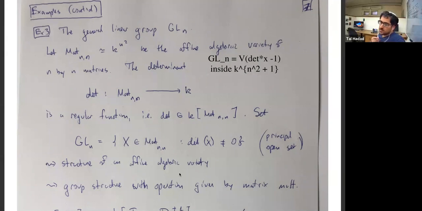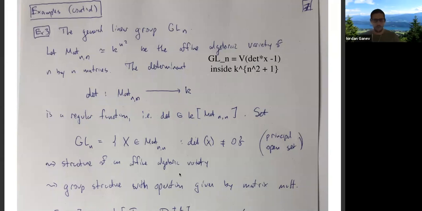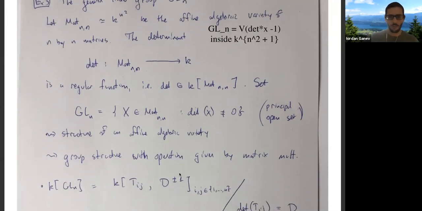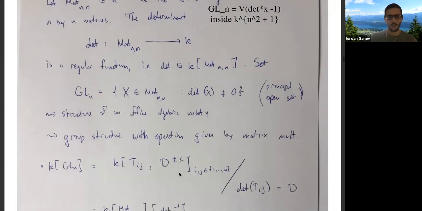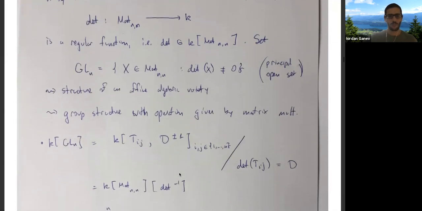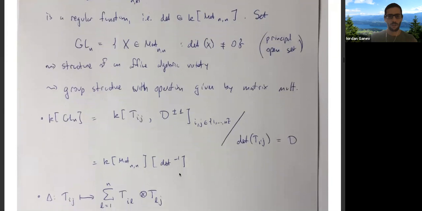Okay. So the operation on GLN is given by matrix multiplication. And if we think about its algebra of functions, its affine algebra, it's the following thing. These are the matrix coordinates coming from each entry in the matrix. This is supposed to encode the determinant. So we have n squared of these t's indexed by i and j, each of them running from 1 to n.